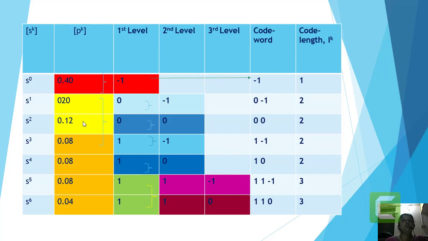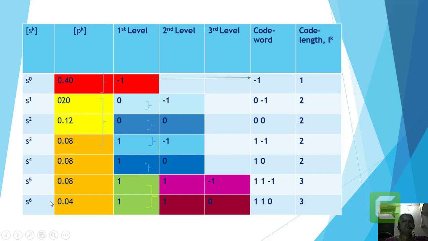As per the m value we need 3 groups, but only two symbols are present, so we make only 2 groups. They will be nearly equal, that is 0.20 and 0.12. So for this yellow marked group, in the next level, the digits assigned will be -1 and 0.